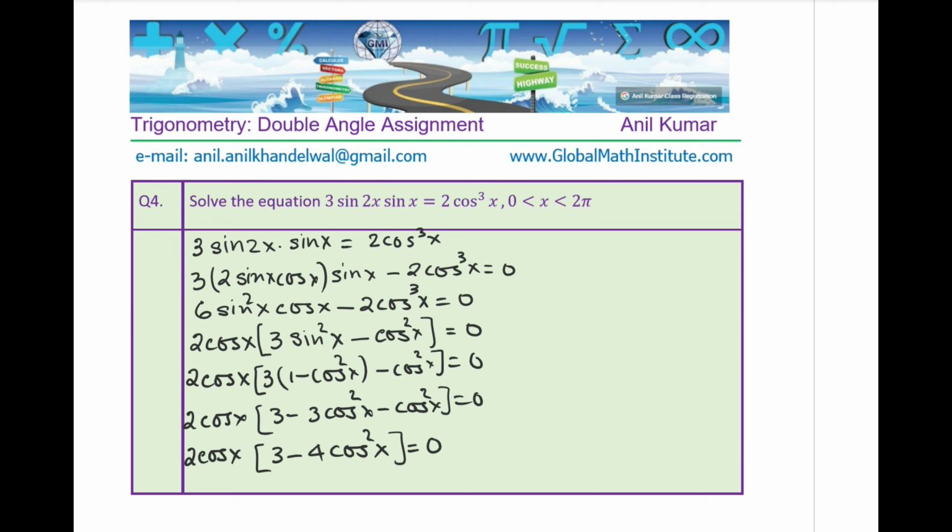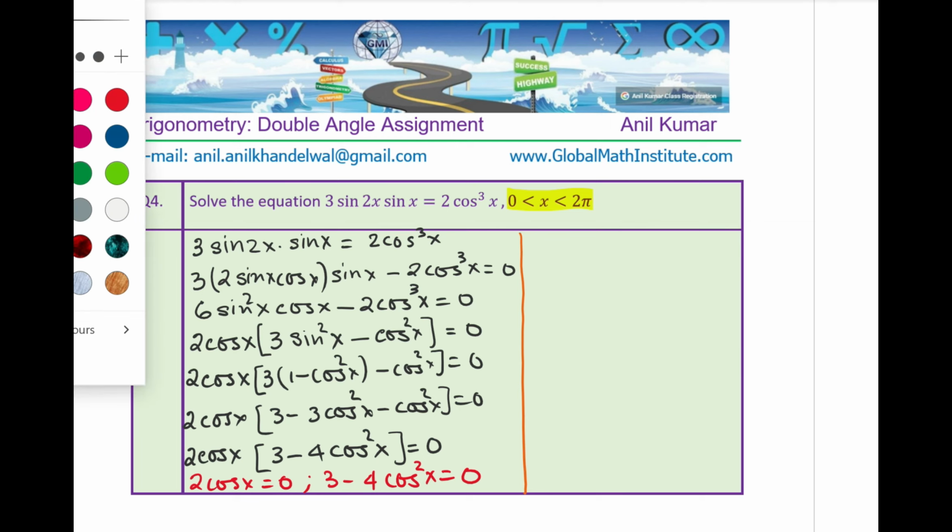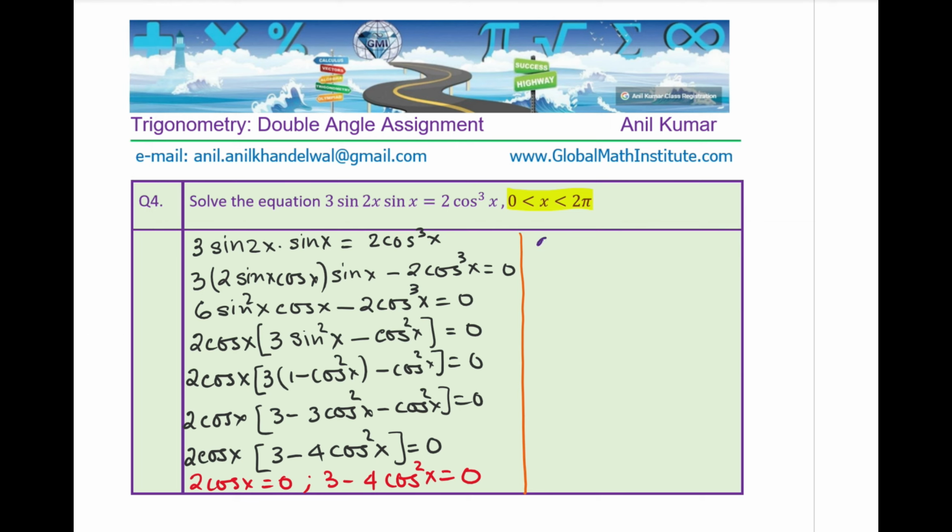So one set of solutions we'll get by equating 2 cos x equals 0, and the other by equating 3 minus 4 cos square x equals 0. Is that clear to you? So at this stage, you can pause the video and answer it further. Within the interval given to us, which is between 0 to 2 pi, I have 2 cos x equals 0.